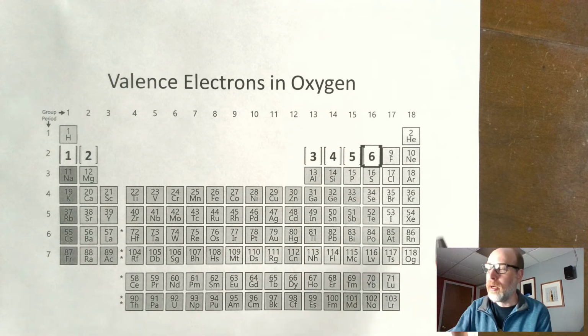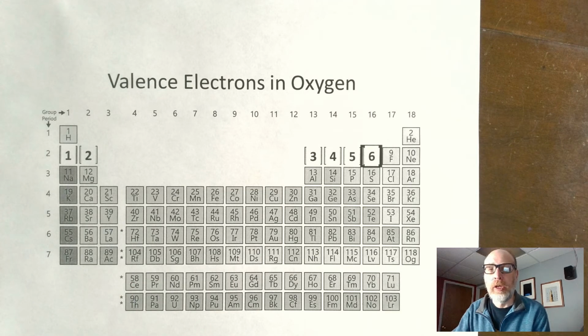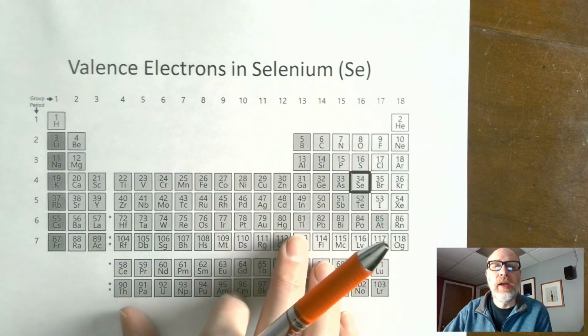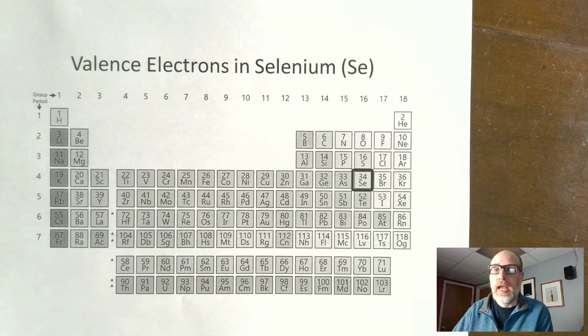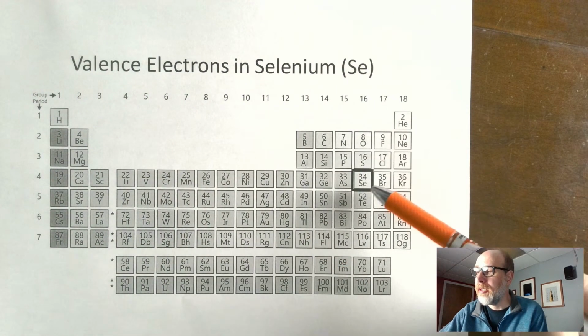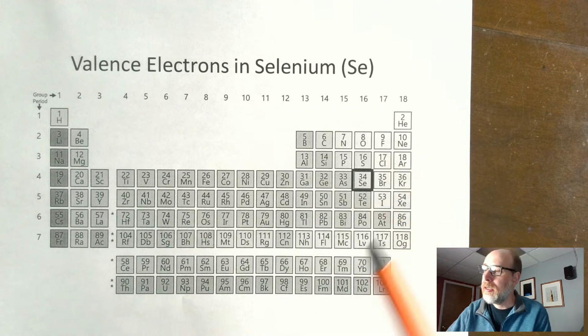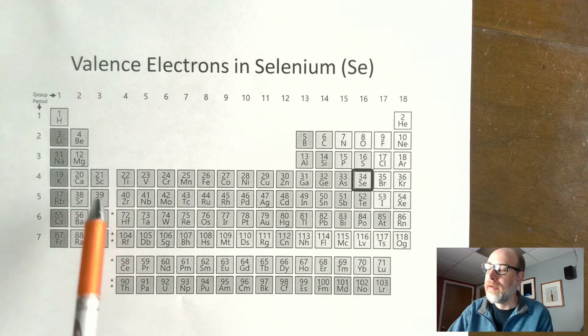We're going to look at one of these down here where we have the D electrons in the way, the transition metals. We'll talk about that in a second. But we're just going to count over from the left. In particular, our next example is going to be selenium. Selenium is in the same chemical family as oxygen. Oxygen's here and selenium is here. We're just going to count over from the left, except we're going to skip all of the transition metals.